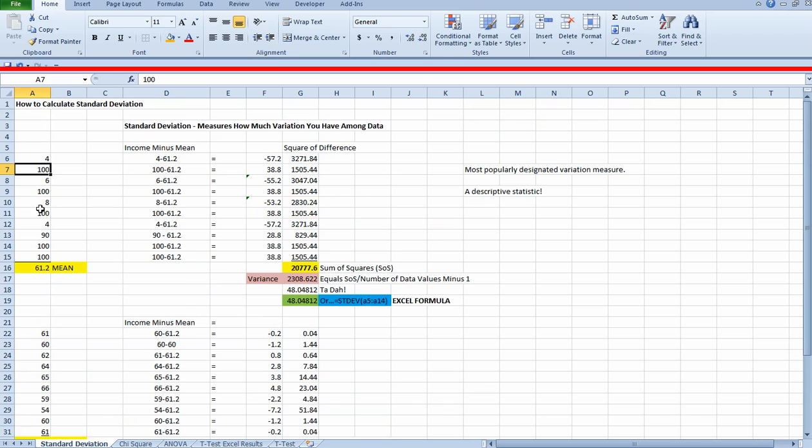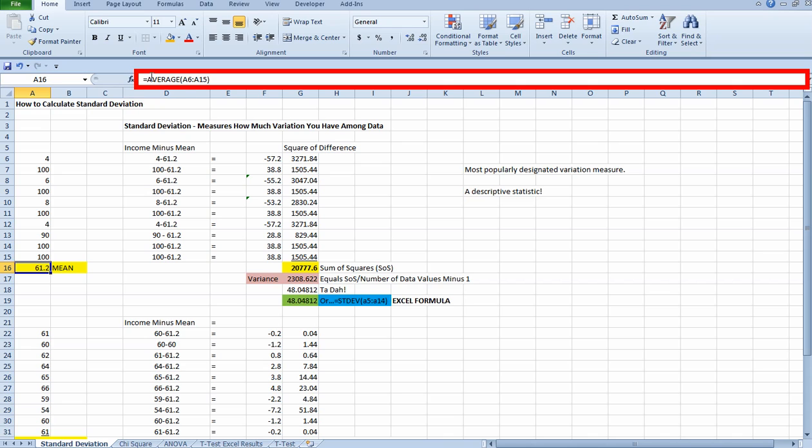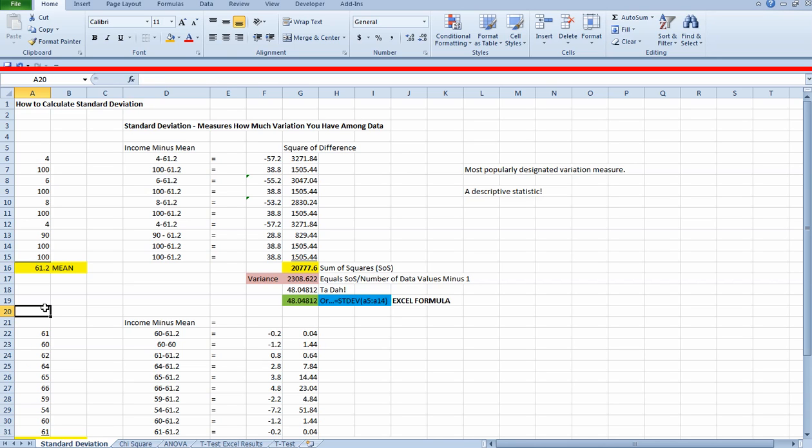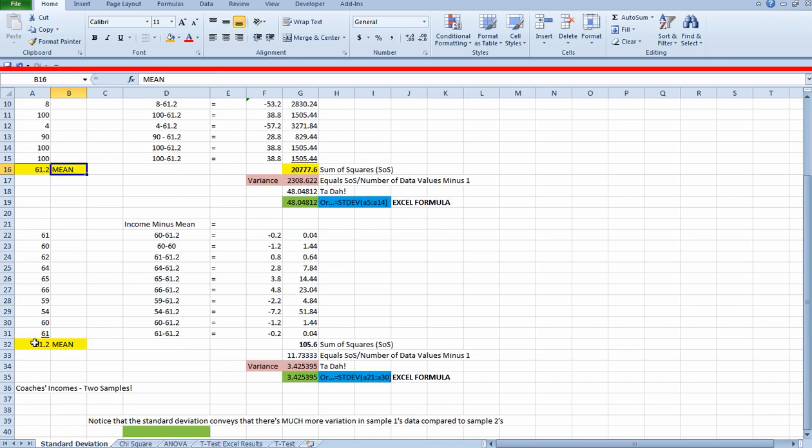If we just do an average, or the mean, up here, equals AVERAGE A6 through A15, that gives you the mean. And similarly down here you get the average A22 through A31.